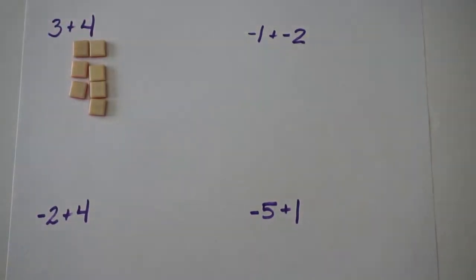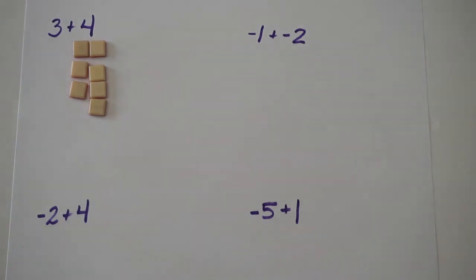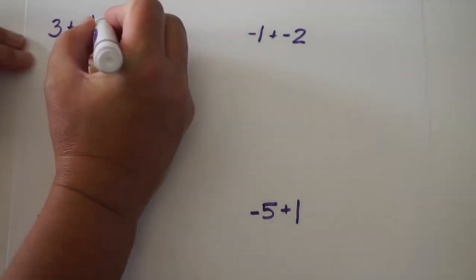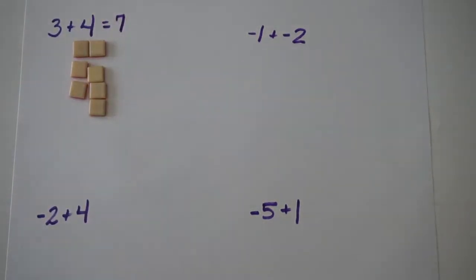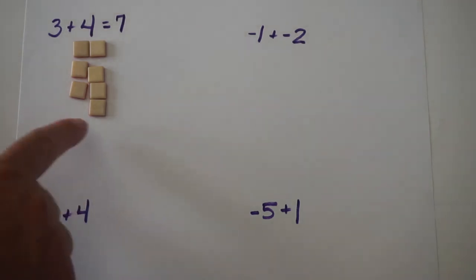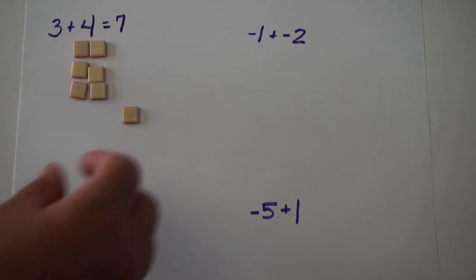We now have one new set and we count how many are there. 1, 2, 3, 4, 5, 6, 7. So 3 plus 4 is equal to 7.